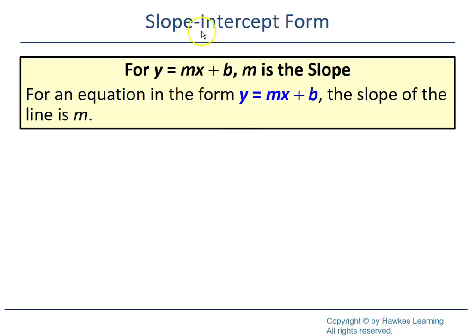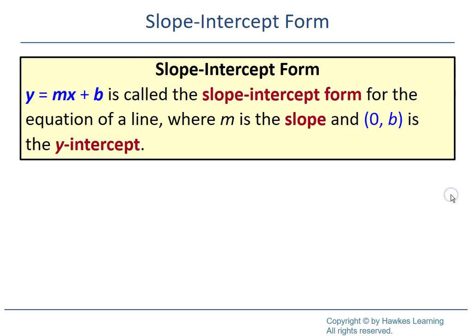Now, the slope-intercept form, and hopefully now through repetition you're picking up on it, is y equals mx plus b, where m is the slope and b is the y-intercept.